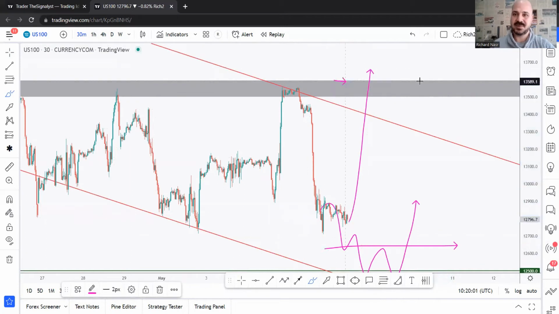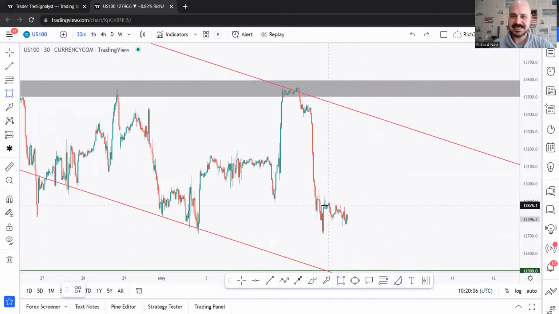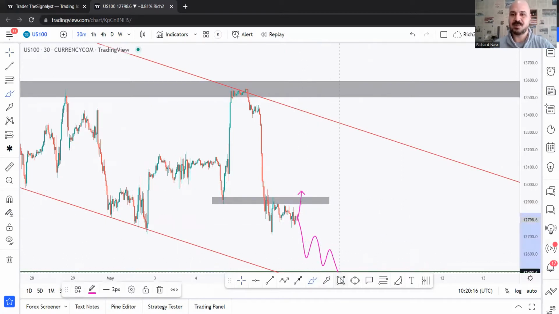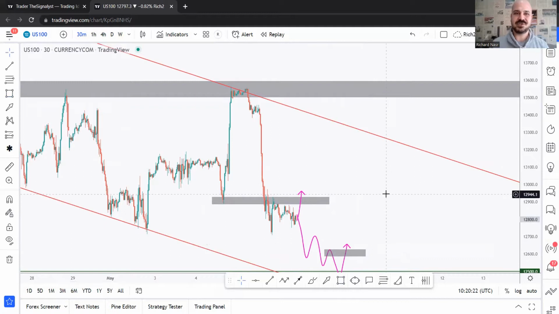And from a medium-term perspective, we need to see a break above this area. Here for the bulls to take over, we need to see a break above this area. Meanwhile, we can still trade lower and lower to approach the support before the bulls finally take over. Of course, we need to look for any bullish reversal setup, but I can't really predict what might happen here. We don't predict. We just wait for the market to make the first move and then react accordingly.